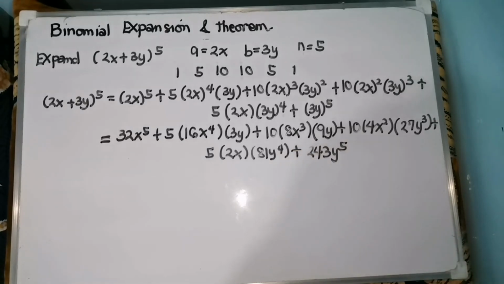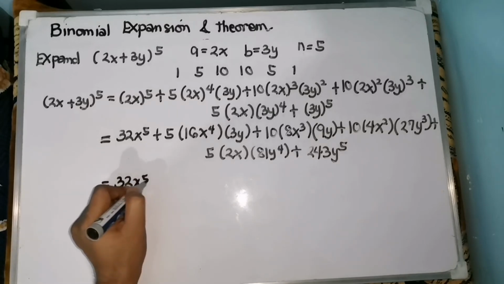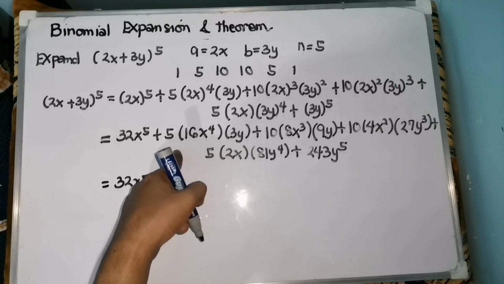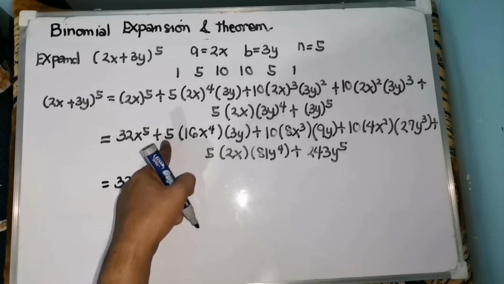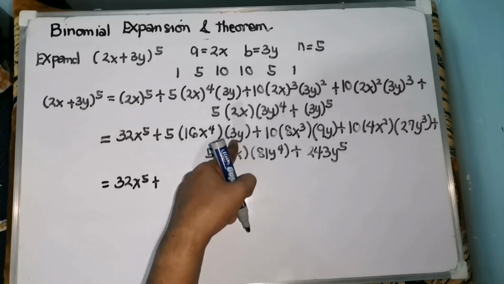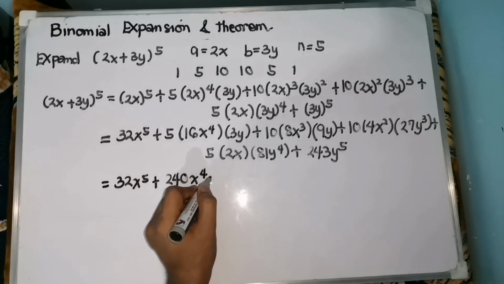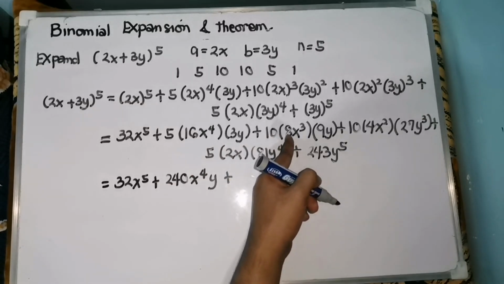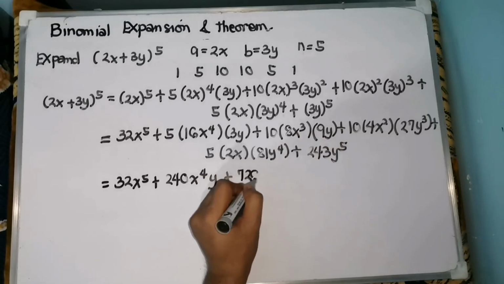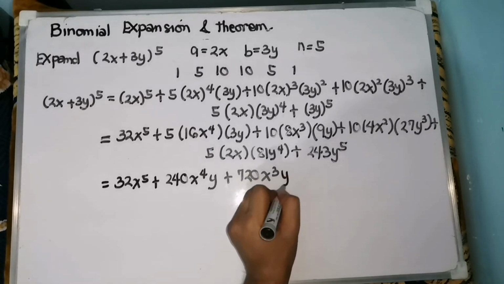And then to simplify, we just multiply all the coefficients. So that is 32x to the 5th, plus 16 times 5 is 80. Again, 16 times 5 is 80, times 3 is 240 x to the 4th y, plus 10 times 8 is 80, times 9 is 720 x cubed y squared.